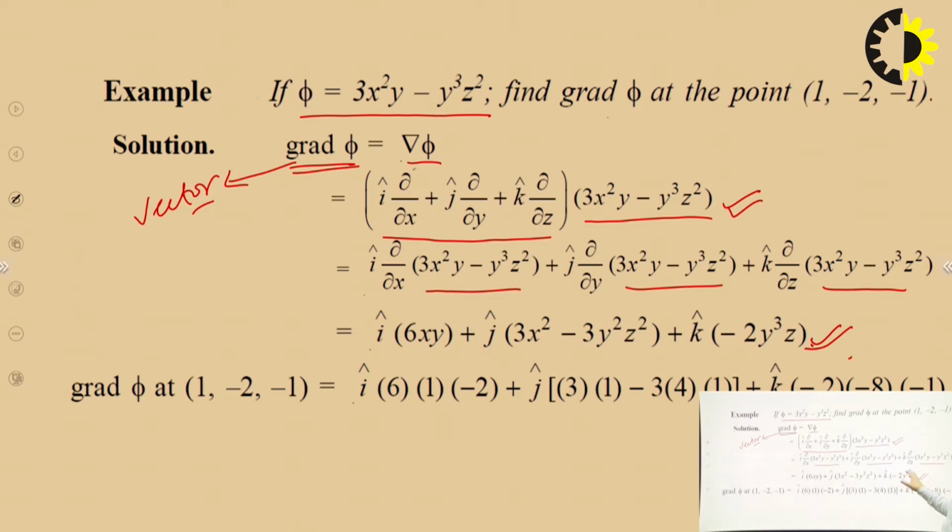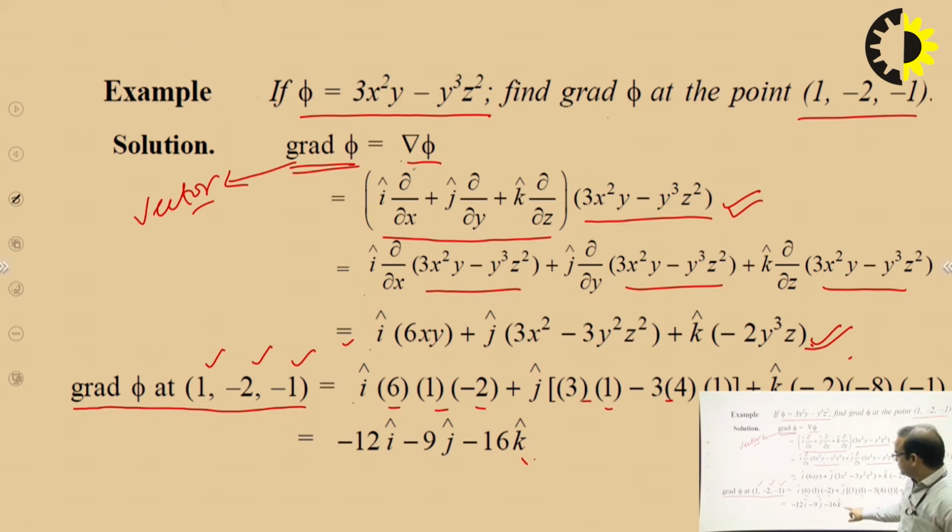At the particular point given to us, 1, minus 2, minus 1, the gradient is found by substituting the values of x, y and z in the general vector. So these are the values substituted in place of x, y, z, and we get the vector at the given point.